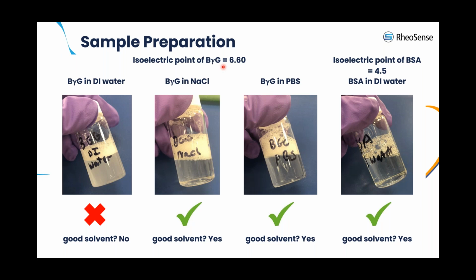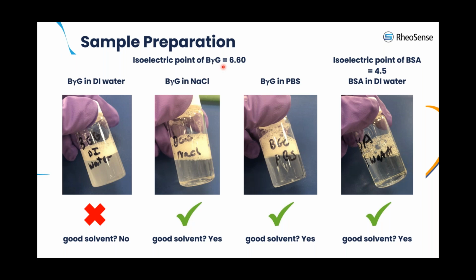When the pH is below this point, the protein tends to have a positive charge, while a pH above the isoelectric point results in a negative charge on the protein. When the pH is close to a protein's isoelectric point, its solubility is often significantly reduced.